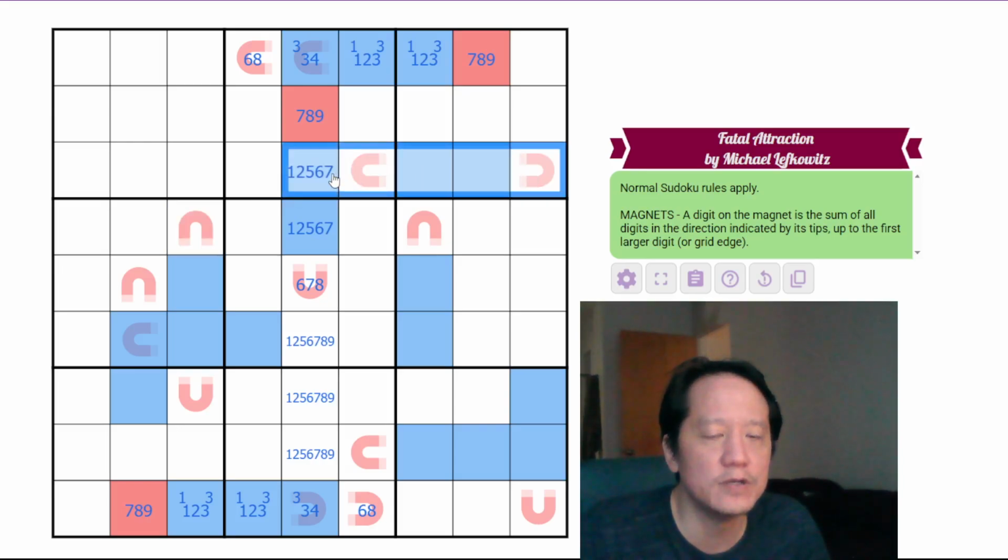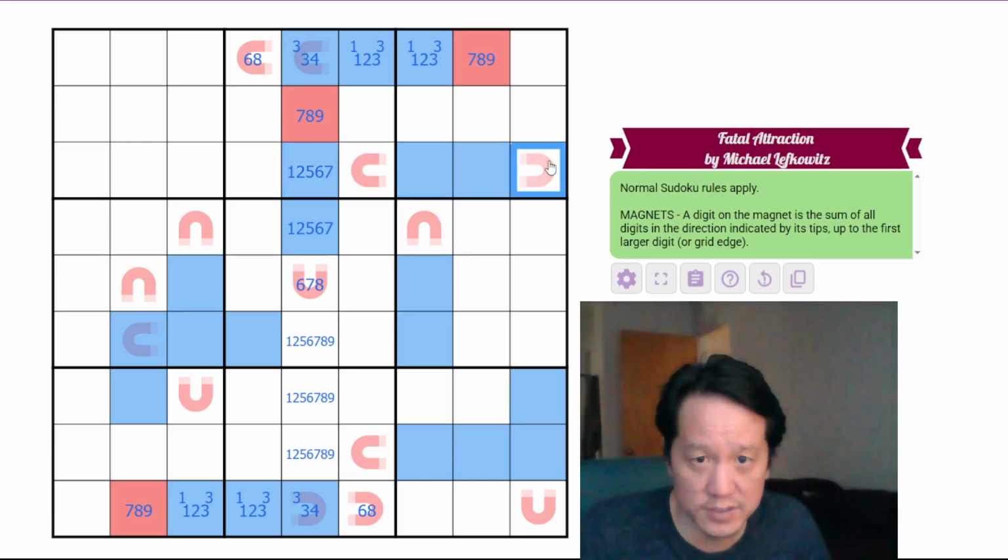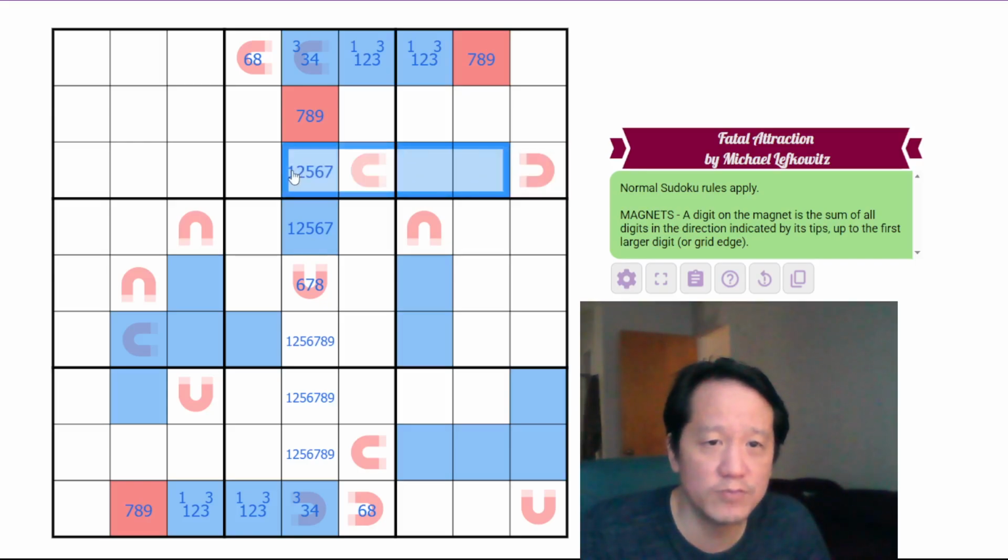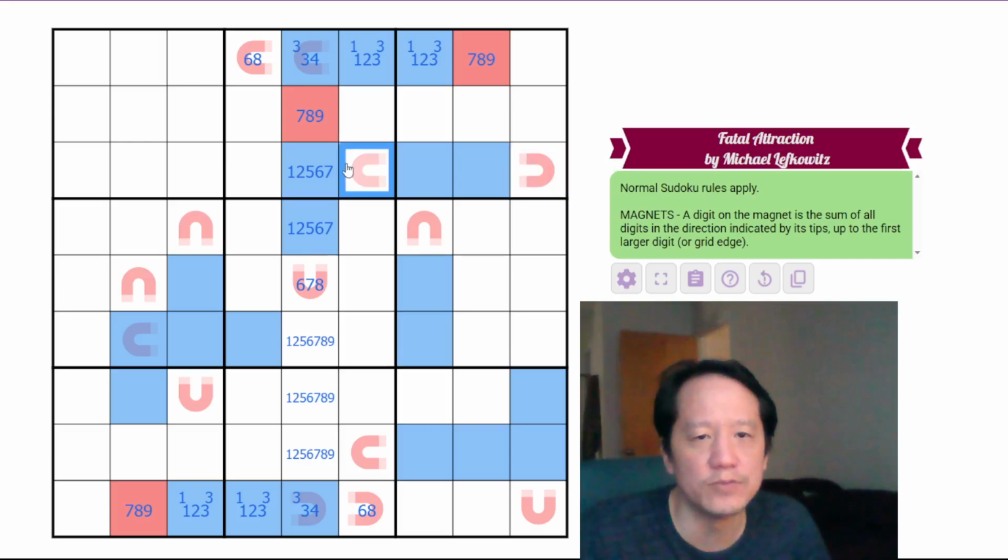this could be... Okay, so if this is smaller than this cell, then this is a sum. Well, not necessarily. You could have 6 here, 3 here, 1, 2. So one of these is double the other one here. So this has to be 3, 4 with 6 or 8 here.